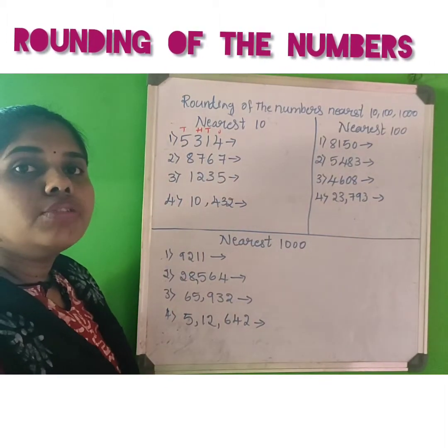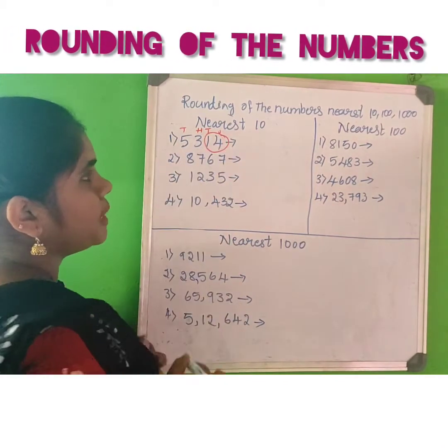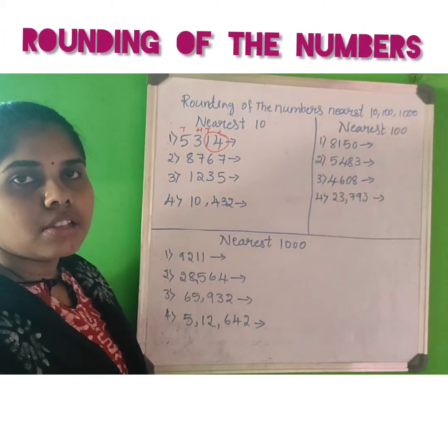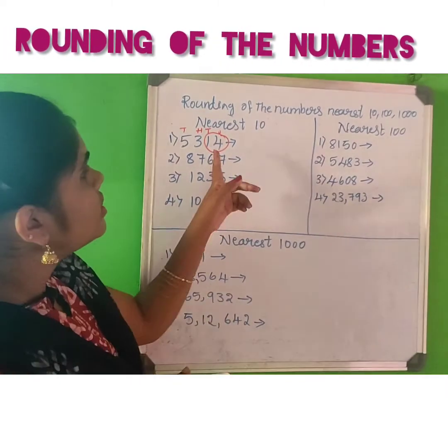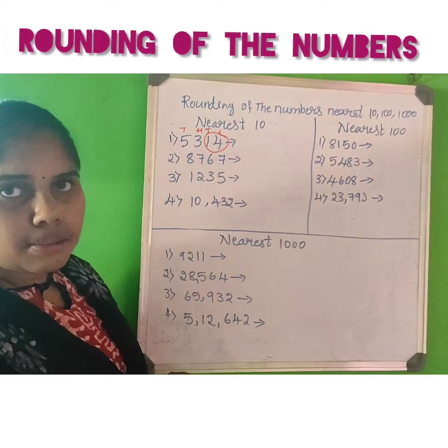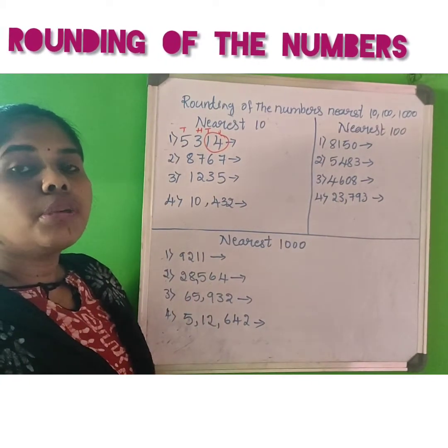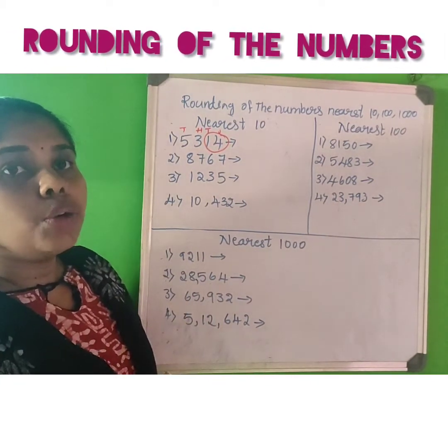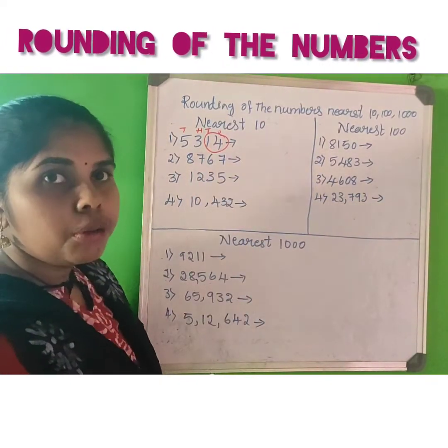While you round it off nearest to 10, you have to concentrate only on the 10th place and the unit place. So there is a first technique. You look at the unit place number which is given. Is that number below 5 or above 5? In the unit place they have given 4.